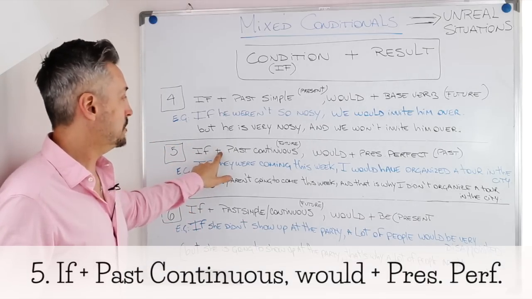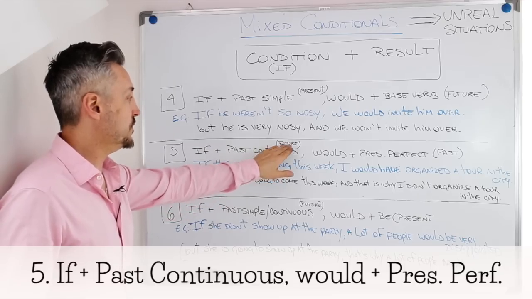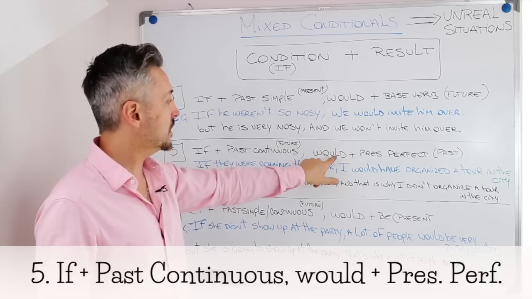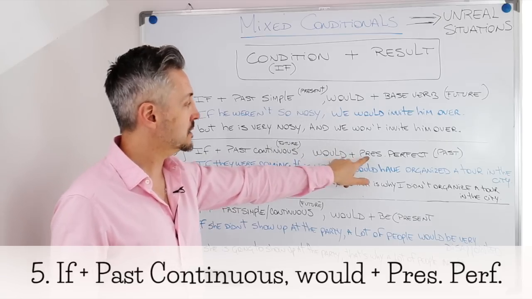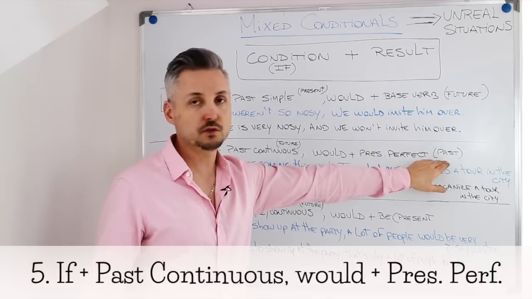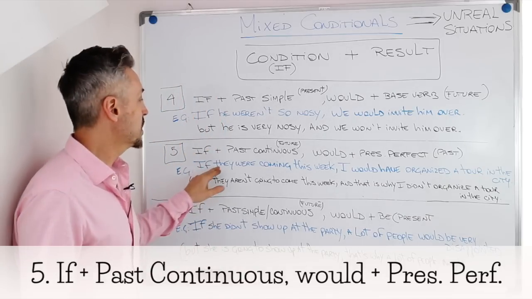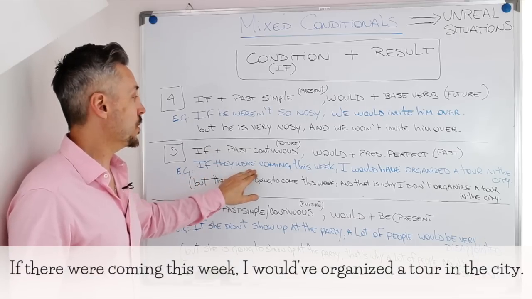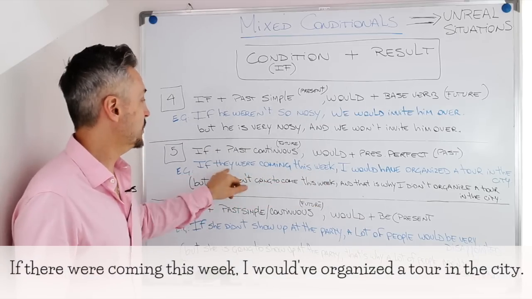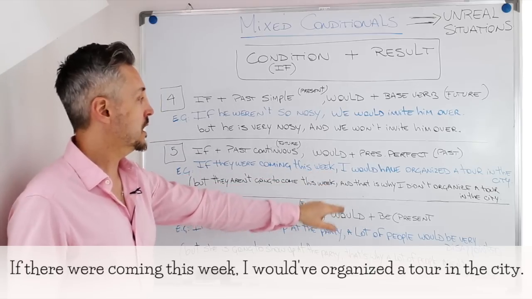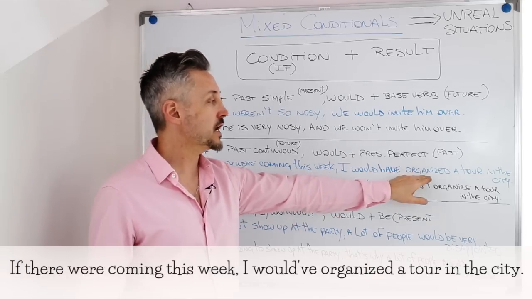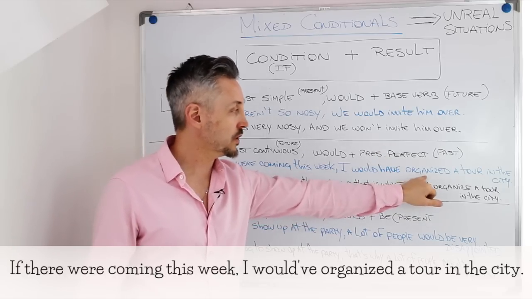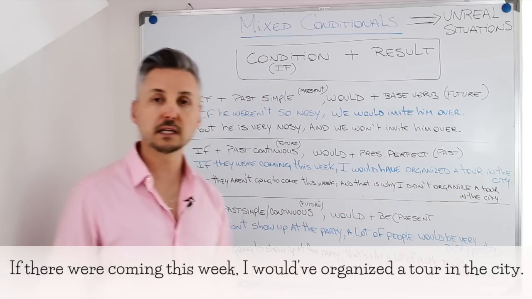Now let's look at the fifth pattern. If plus past continuous, which refers to the future, a future condition. Then the result would be would plus present perfect, referring to the past. So the example I wrote is, if they were coming this week, I would have organized a tour in the city.